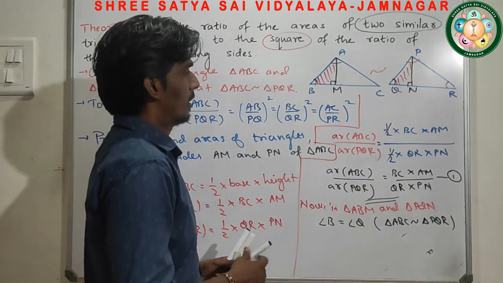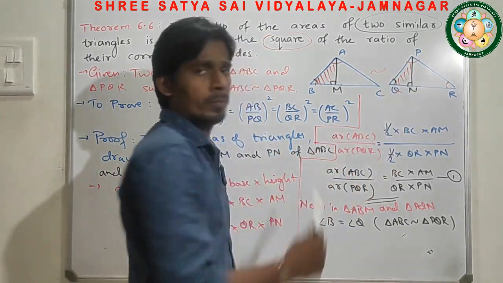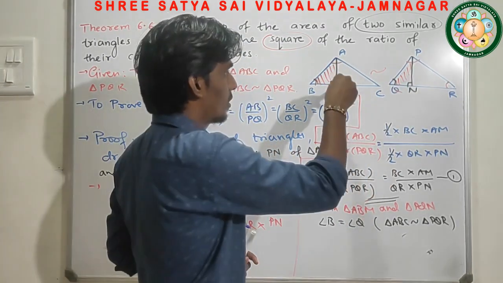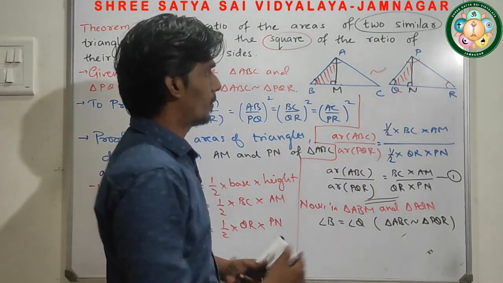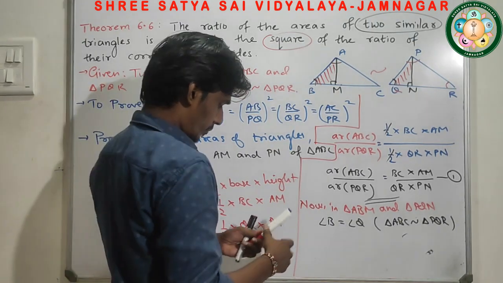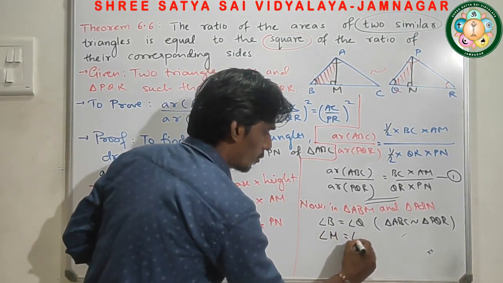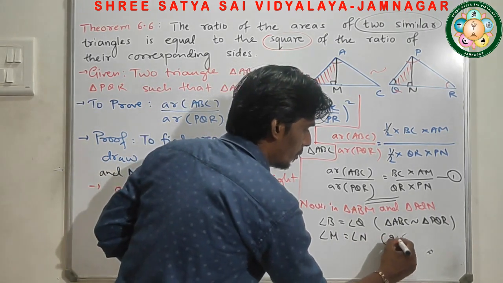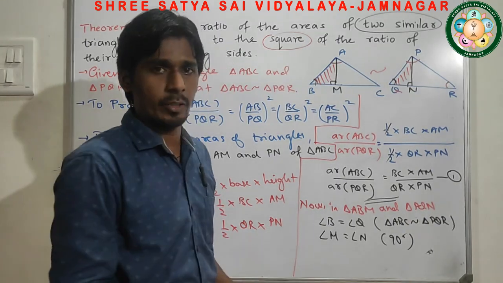Now one more angle. I can say that angle AMB and angle PNQ both are of 90 degrees because AM and PN are altitudes. If these two are altitudes, M and N are what? 90 degrees. So we can write here angle M is equal to angle N. Reason will be what? They are of 90 degrees each. Two angles are equal.